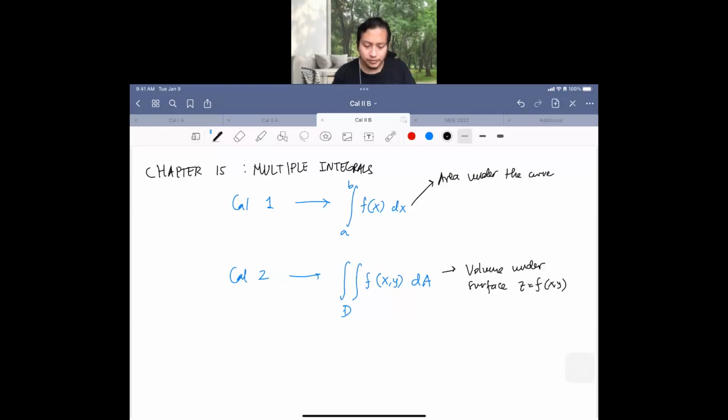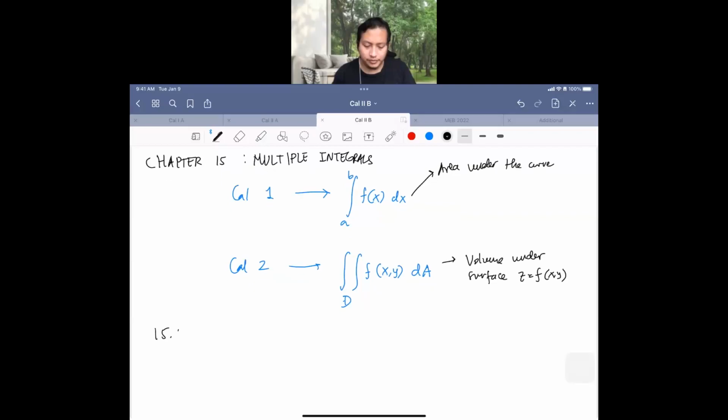Okay, now to begin with, for the introduction, I will show you 15.1, which is about double integrals over a rectangle.